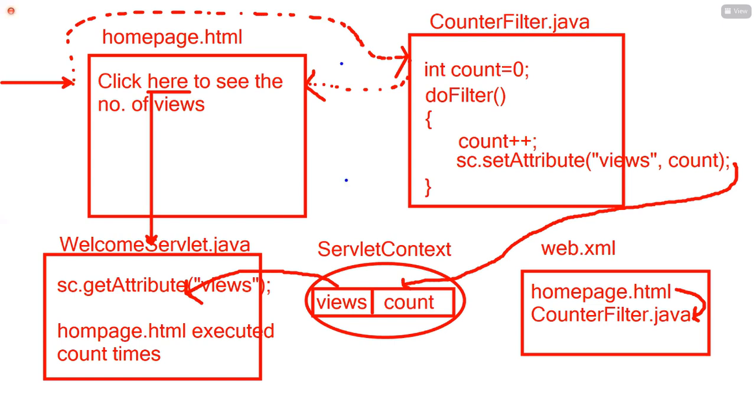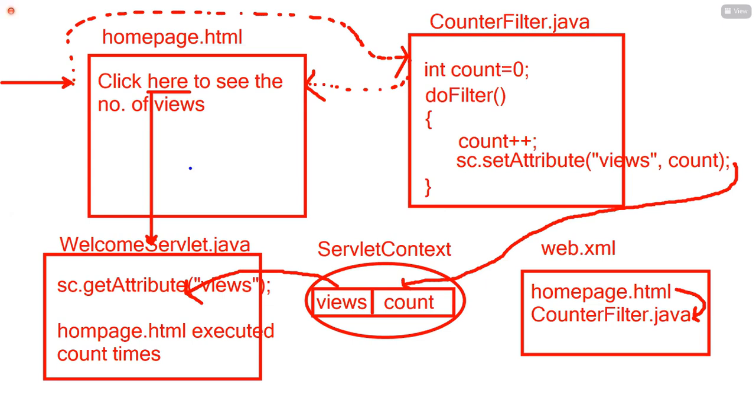Understood what I said? Now, the request comes to which page first? Homepage.html. But in all these programs except XML, which one is executed first? Counter filter or welcome servlet or homepage.html?